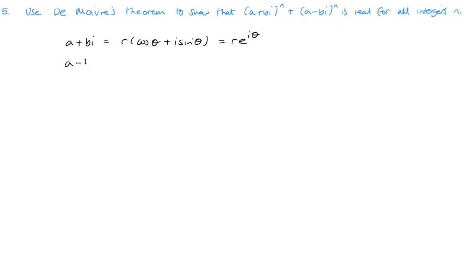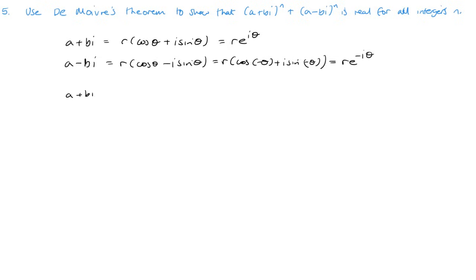Now minus bi will be r times (cos theta minus i sine theta), which is r times (cos of minus theta plus i sine of minus theta), which is r e to the minus i theta. Okay, now let's look at them in terms of powers.